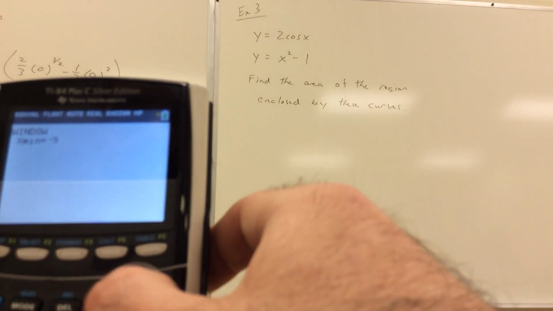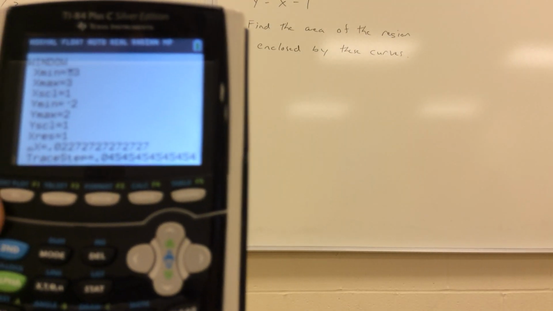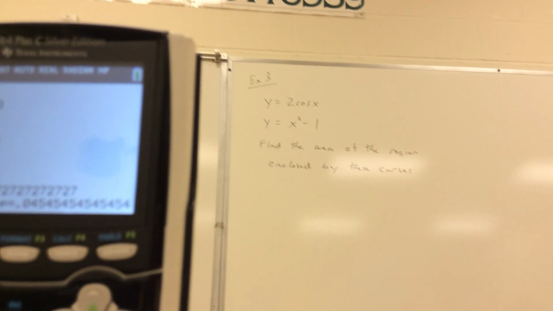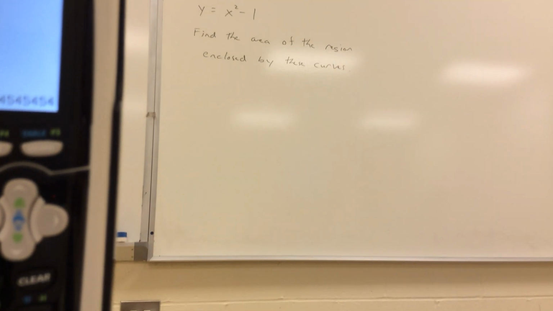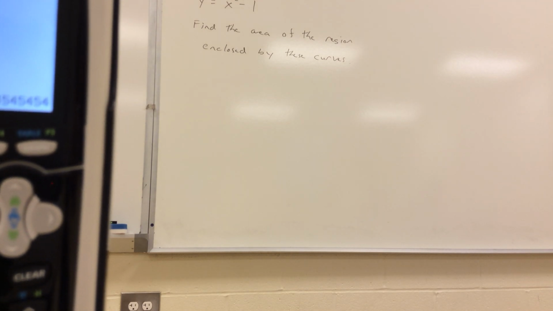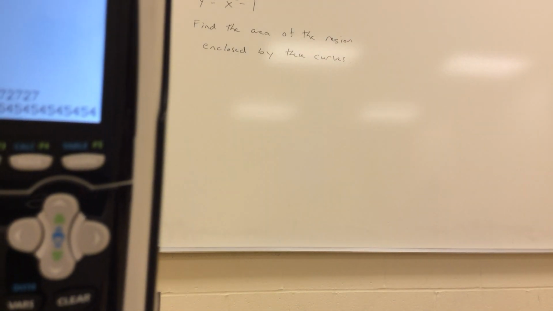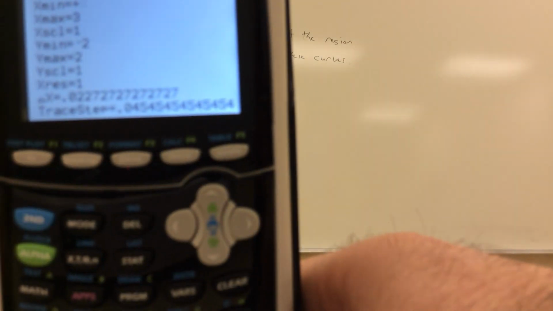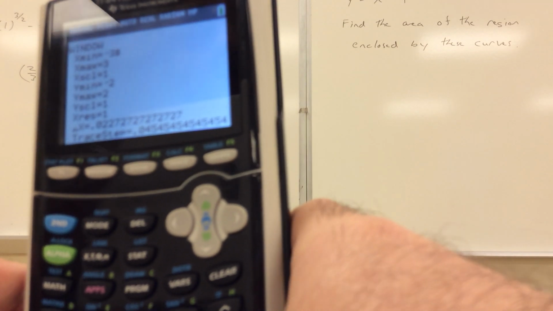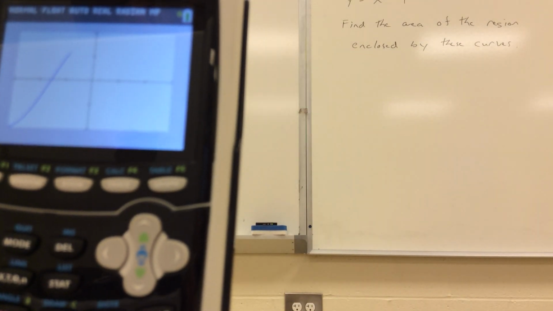Then you got to set your window. -3 to 3 for x, and -2 to 2 for y works well. Then you press graph. It was -3 to 3 and -2 to 2.